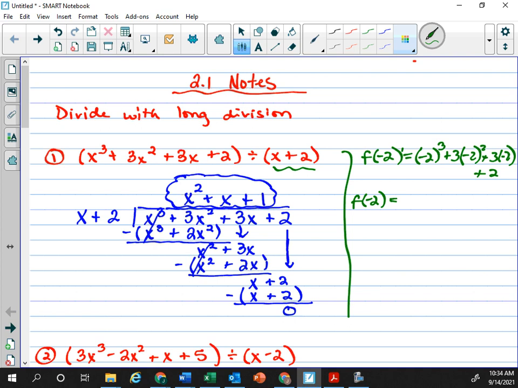So if I had substituted that in, I'd have -8, and then this would be plus 12 minus 6 plus 2. I get 0. Okay? We already knew the remainder was 0. That's another way we can find the remainder. If the remainder is 0, then it's a factor. You guys see how that's all connected there? Okay.